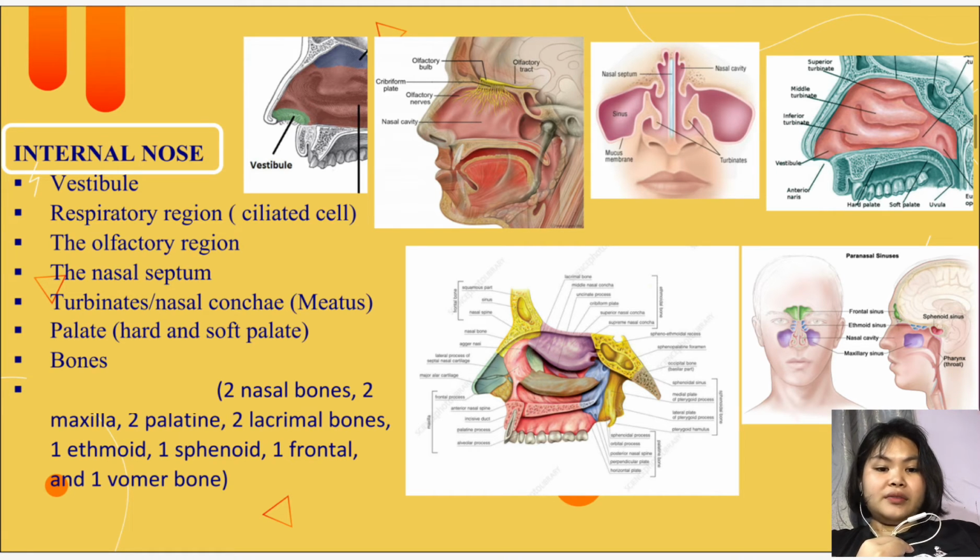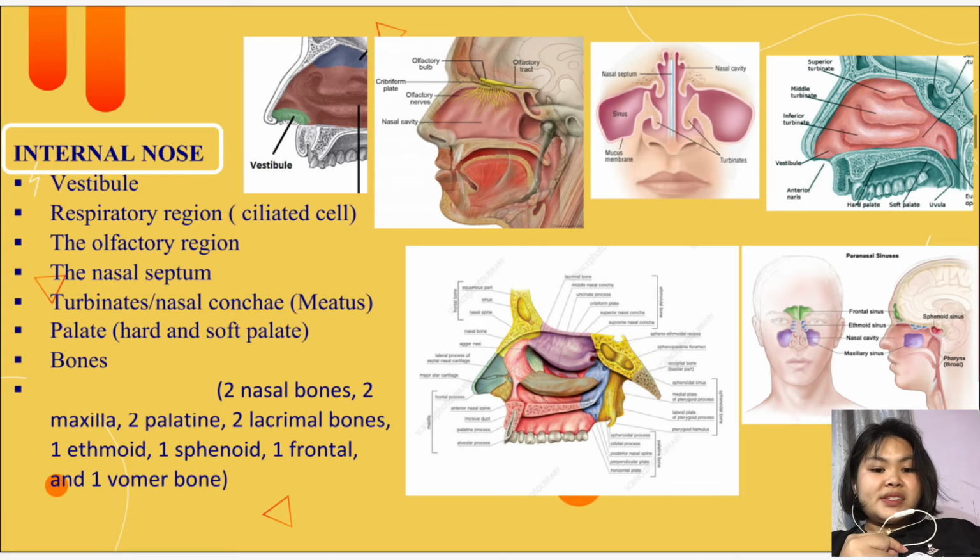Next, we have the turbinates, or the nasal conchae. Inside the nasal cavity are three curved shelves of bone called turbinates. These are small structures inside the nose that cleanse and humidify the air that passes through the nostrils into the lungs.